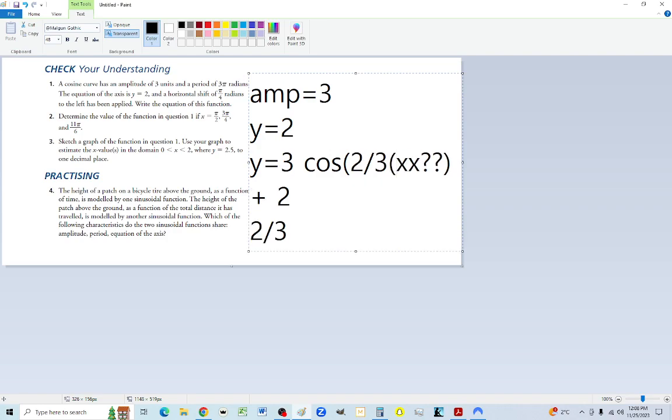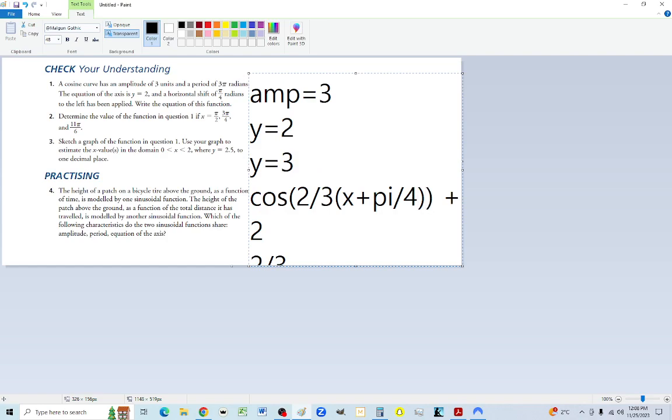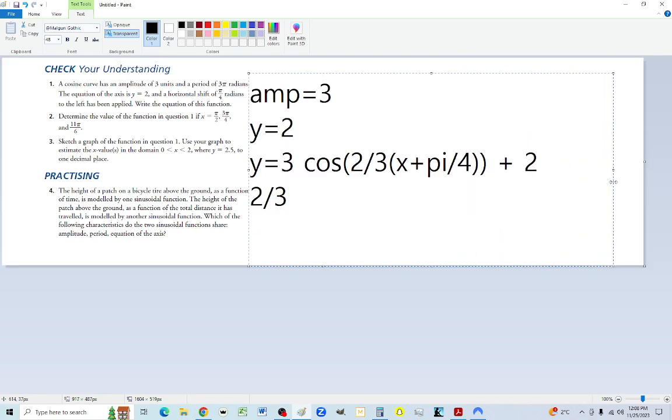Then we should open the brackets, and they pretty much tell me we're moving pi over 4 radians to the left. So we have to do plus pi over 4 to counter the left, turn the left into the right. So that should give us the exact thing that they want.